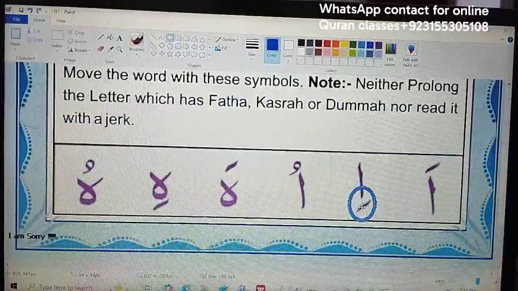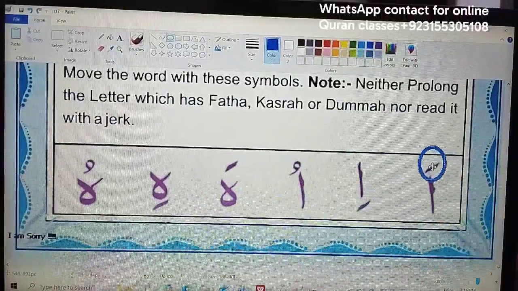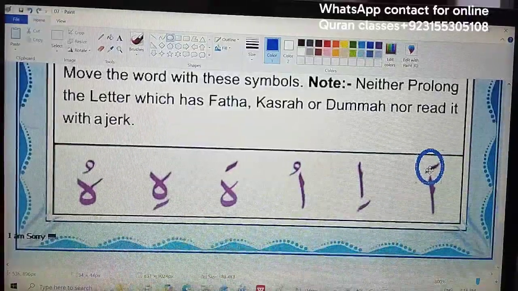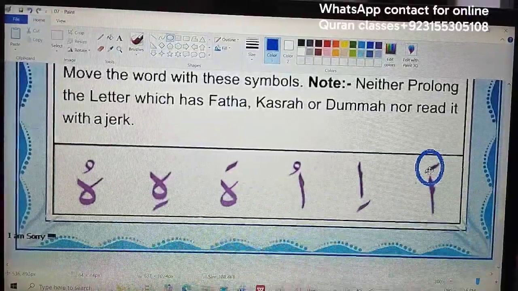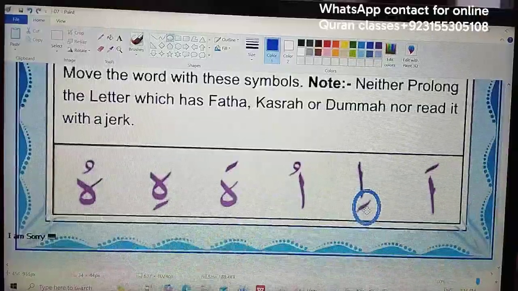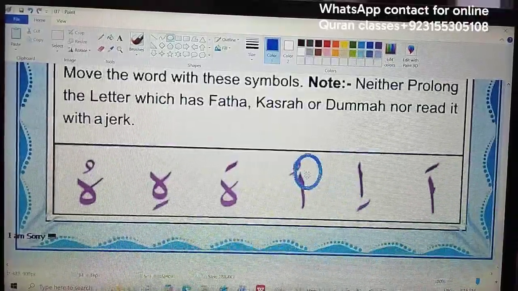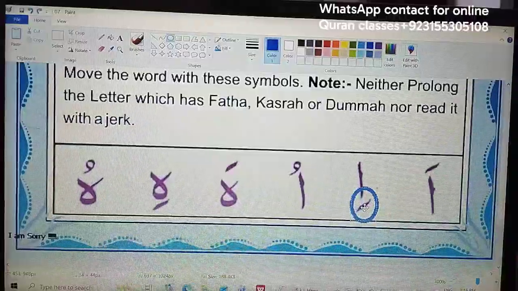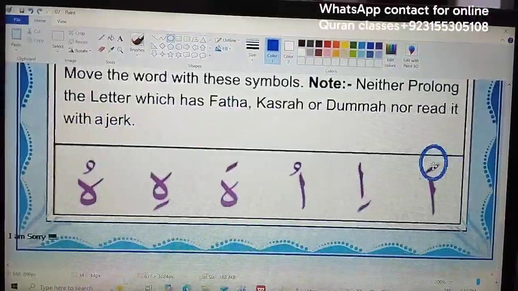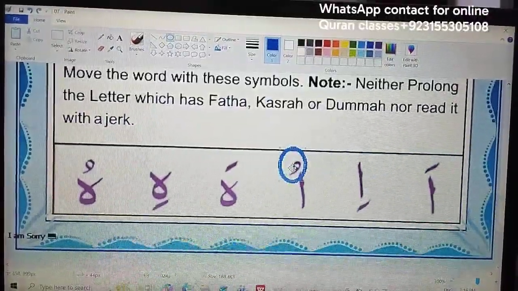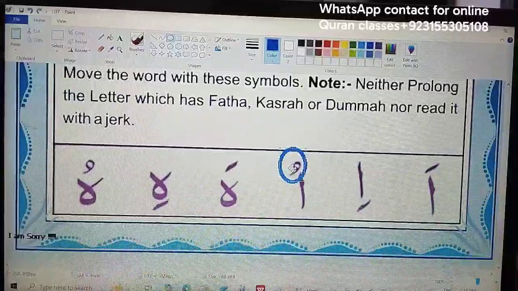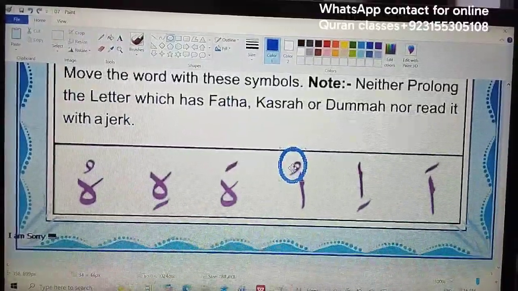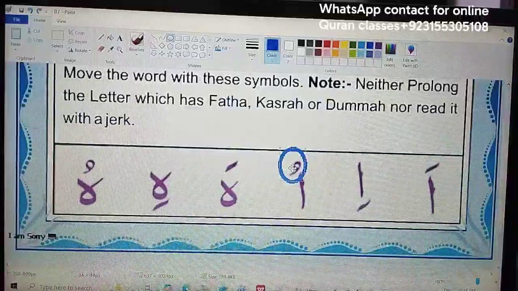Kasra and fatha are the same in shape, but fatha is always above a letter and kasra is always below a letter. The shape of dhamma is different, like a small wow, and it's always above a letter.